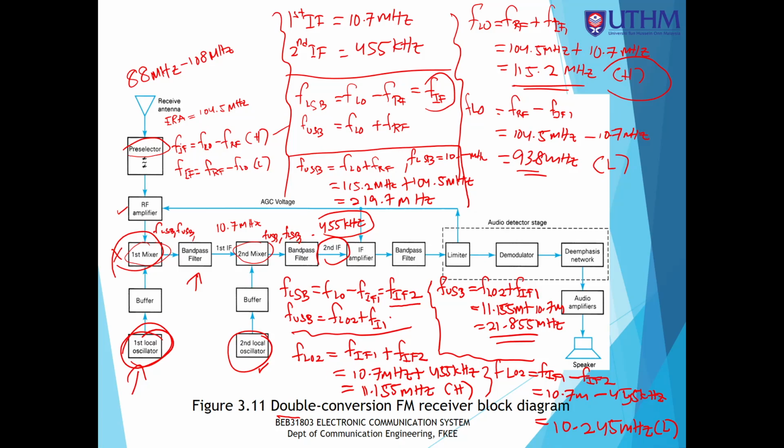If I use a low side injection, I produce FUSB equal to FLO2 plus FIF1. This is equal to 10.245 megahertz plus 10.7 megahertz, if I use a low side injection.